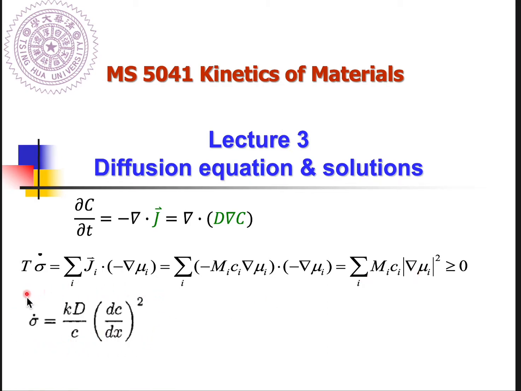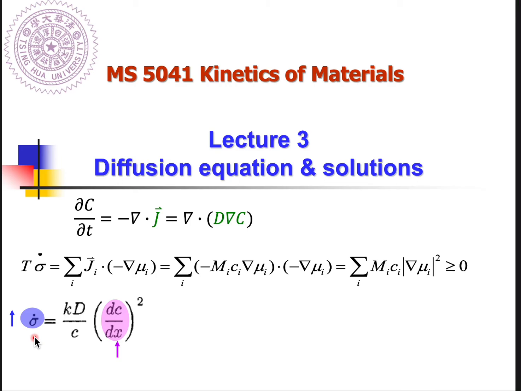So the entropy production rate is associated with the concentration gradient squared. If the concentration gradient increases, the entropy production rate increases at the same time. So as long as you get the concentration profile and take the gradient, you can get the entropy production rate to describe how fast the diffusion happens.